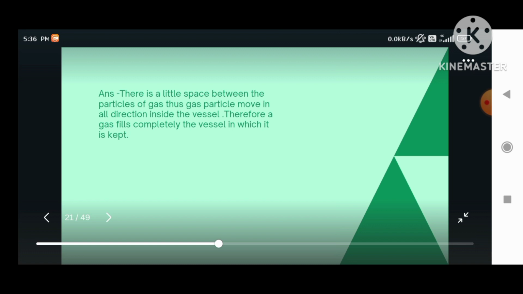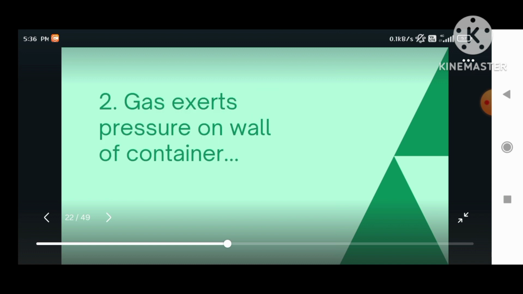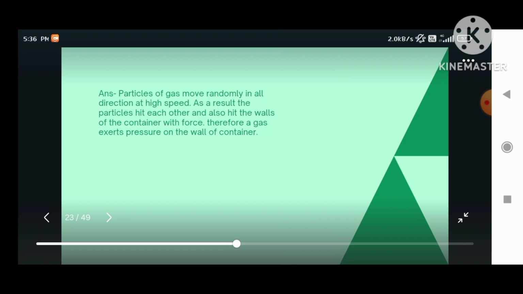Therefore, a gas fills completely the vessel in which it is kept. Gas exerts pressure on the wall of the container. Particles of gas move randomly in all directions at high speed. As a result, the particles hit each other and also hit the wall of the container with force. Therefore, a gas exerts pressure on the wall of a container.